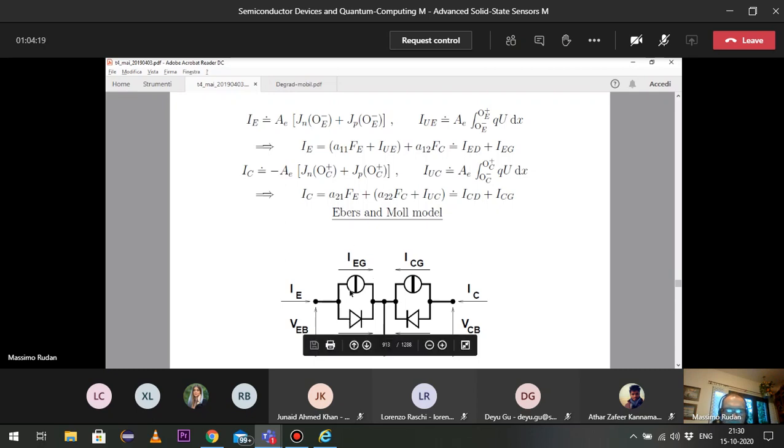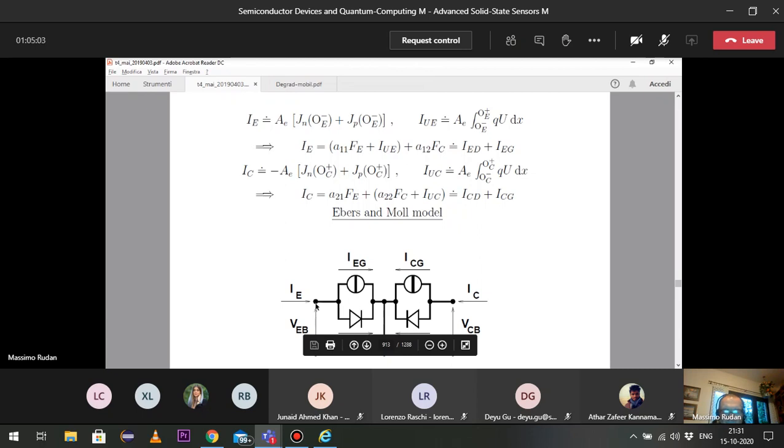Then we have the other branch in parallel. The other branch is due to the term A12 F_C. But F_C depends on the voltage on the other side. If you remember, it depends on V_CB, on the collector voltage. So this branch that we indicate with the symbol I_EG is a current that is controlled by a voltage that is not the same voltage applied to this port of the device.